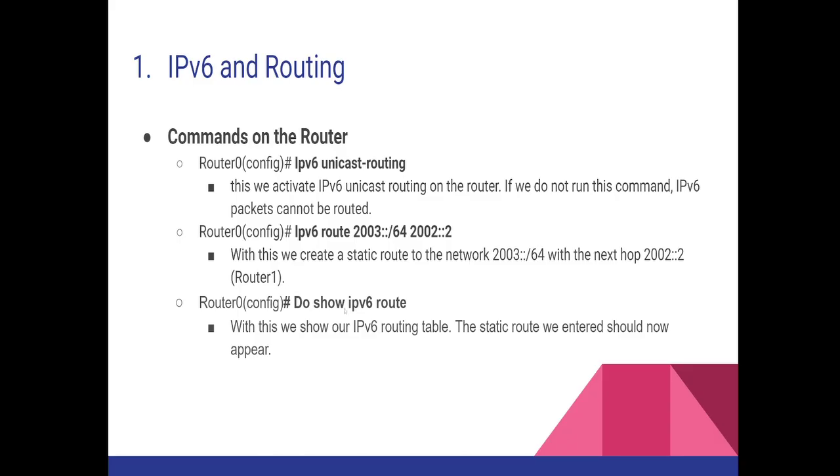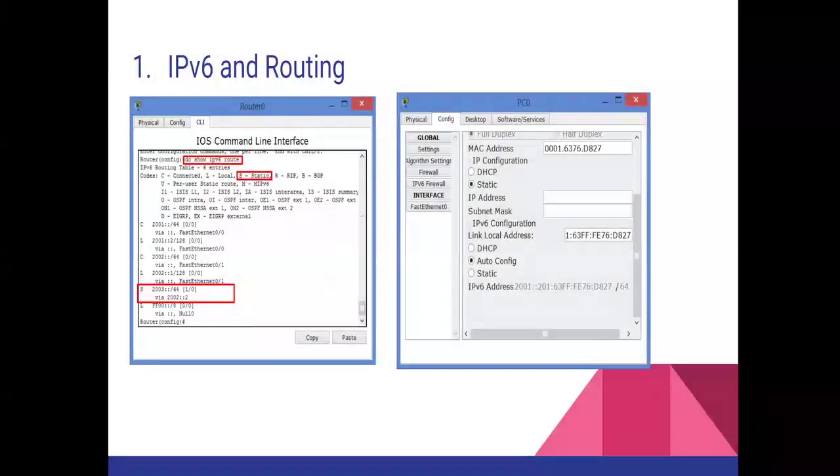Then you can use do show ipv6 route, and this will show you the IPv6 routing table in the router. As we can see right here, this is our routing table. It's not that much different from IPv4, but it will have IPv6 addresses instead of IPv4 addresses.